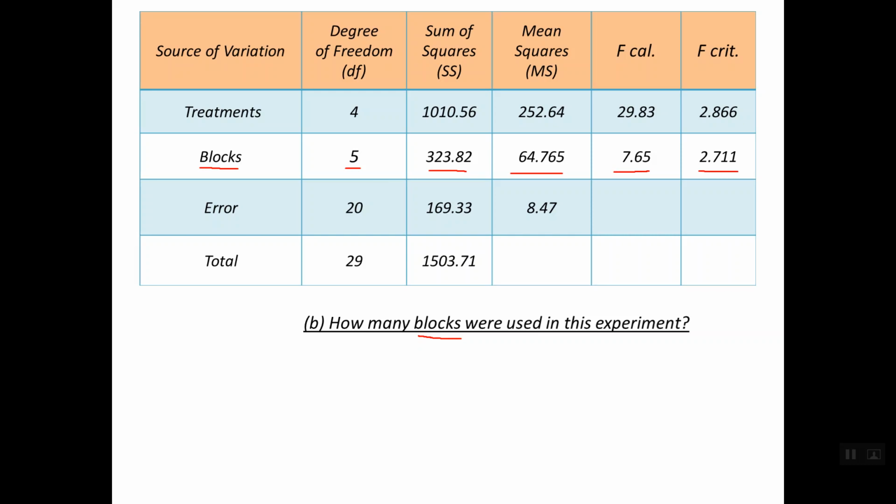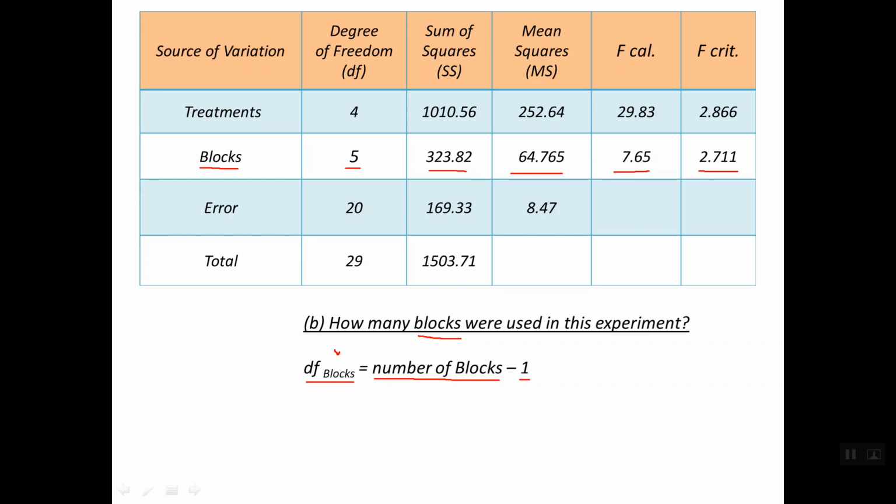So which one should we be interested in? It is simply the degree of freedom, because the formula to calculate the degree of freedom for the blocks is equal to the number of blocks minus 1.